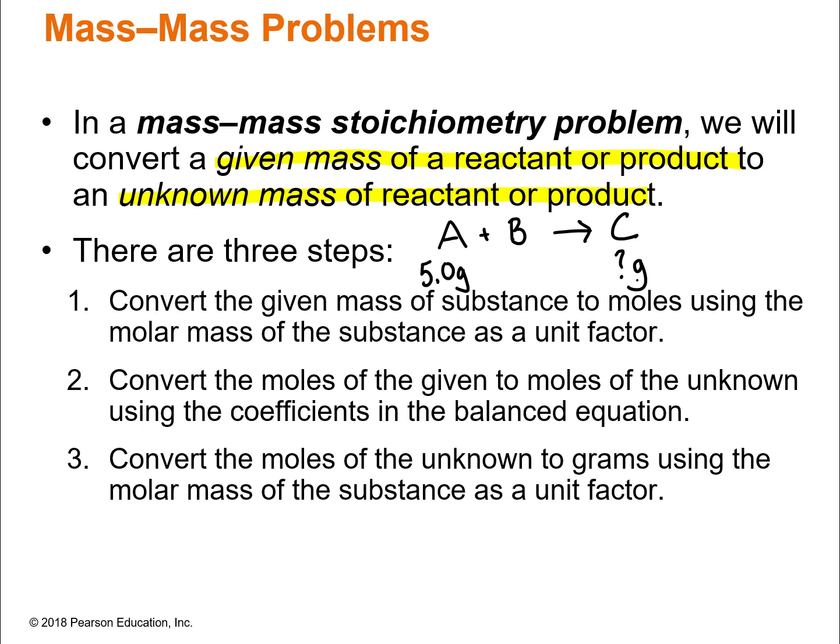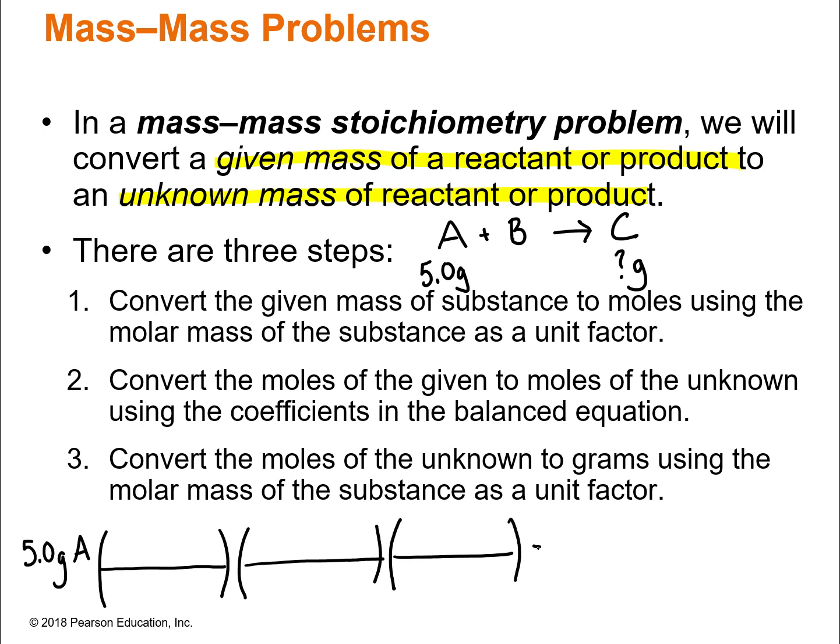The steps that we're going to do for this are as follows. Starting with that 5 grams of A, we're going to use the molar mass of A to calculate the number of moles.